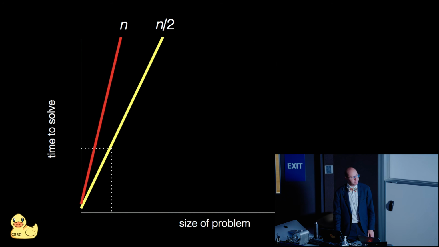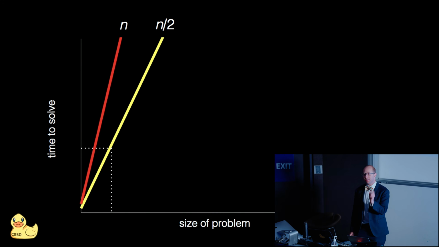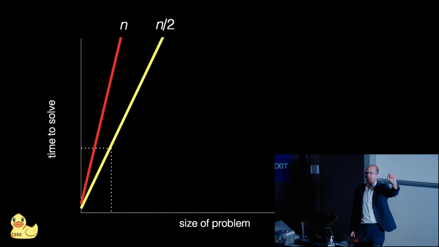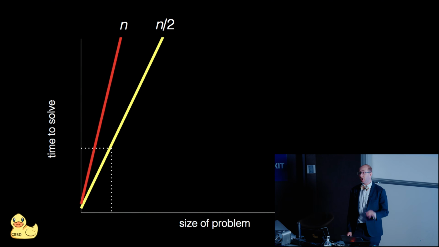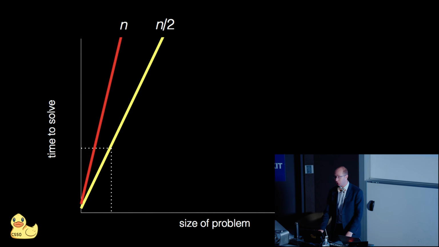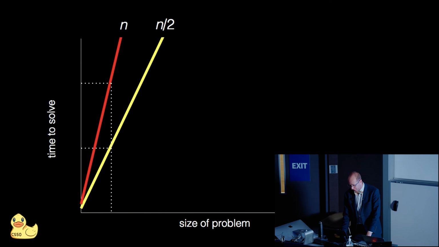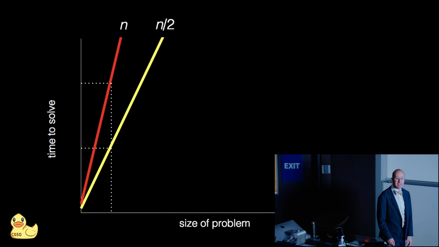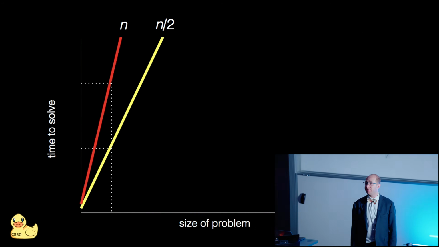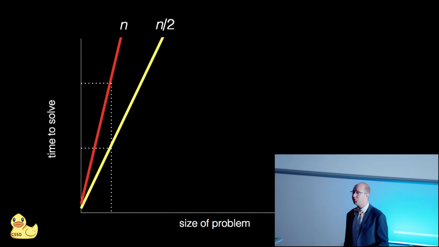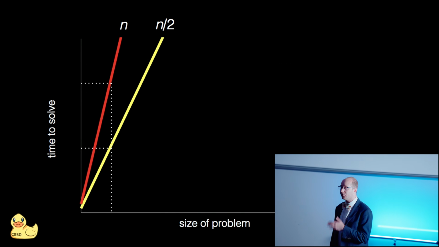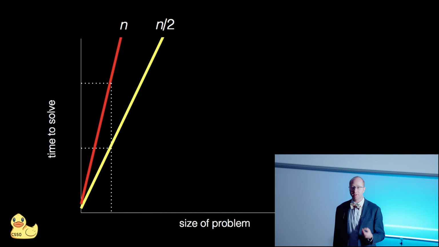So we can see here, for any particular size of problem that we pick, we can estimate how a change will impact the running time. In this case, you can see that the problem where the time grows proportional to n, rather than n over 2, takes longer for the same size of input.